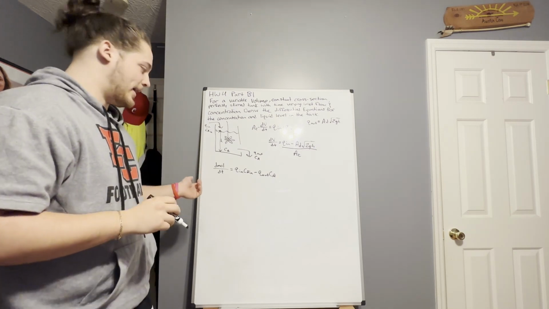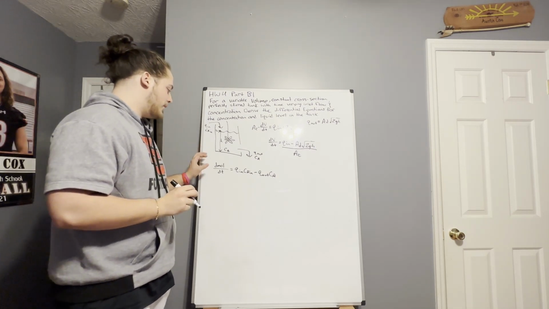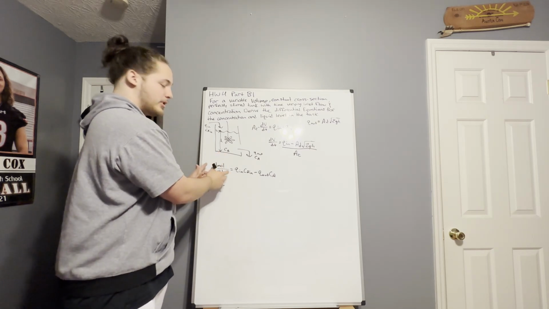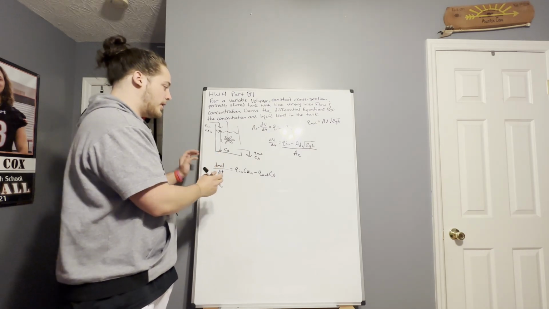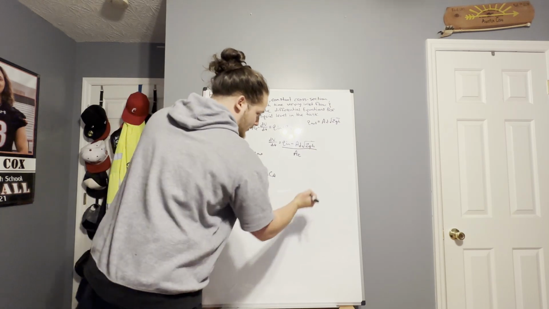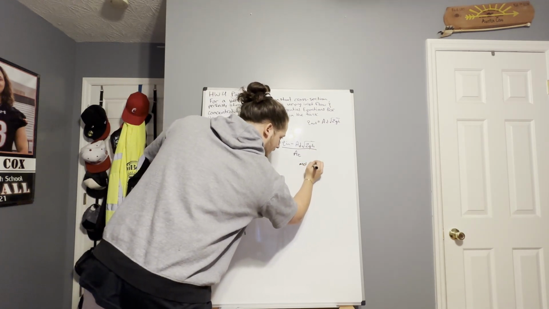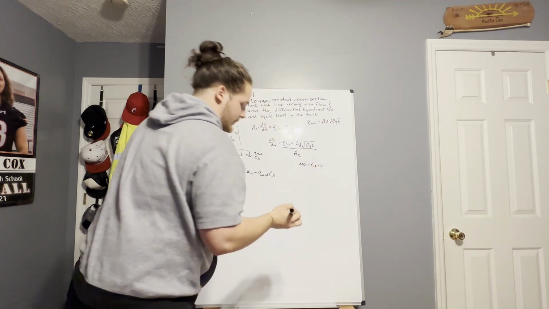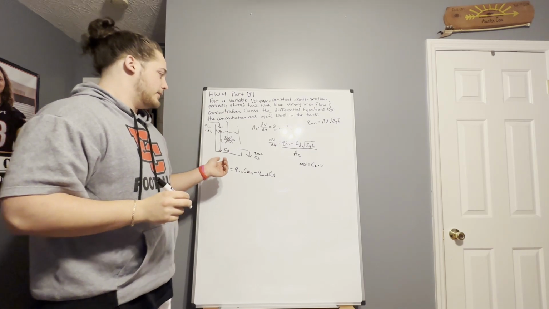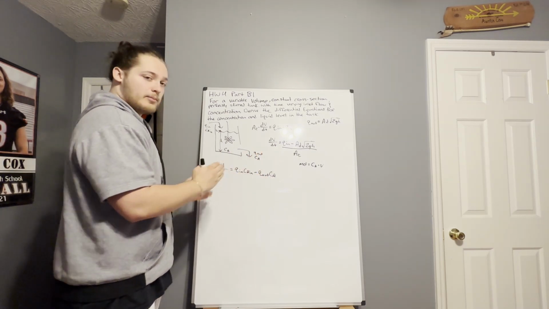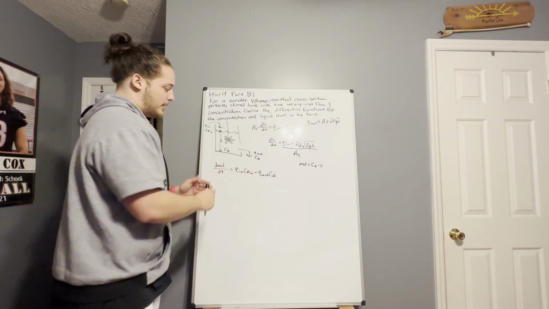So once we have this step, we want to try to change our terminology here. Instead of using moles, we want to use an expression that we know, that moles is equal to the concentration times the volume. And using that, we can do some massaging and just put that in here.